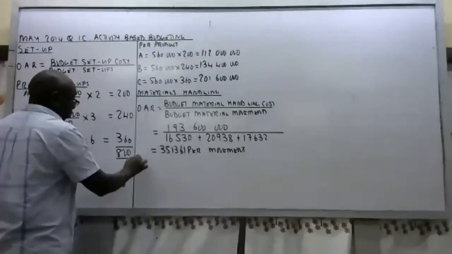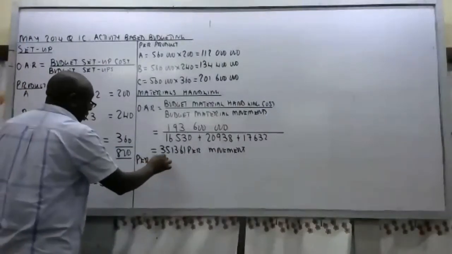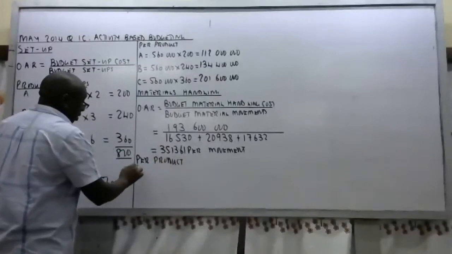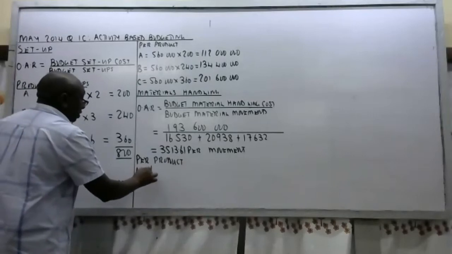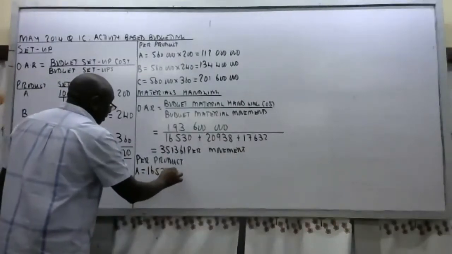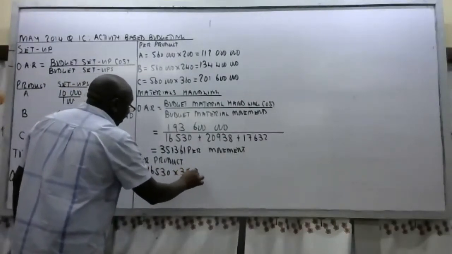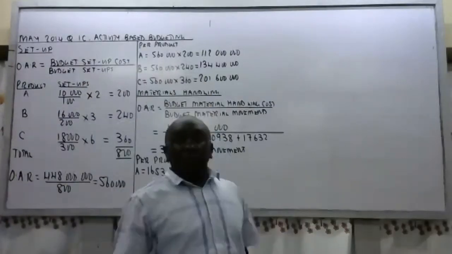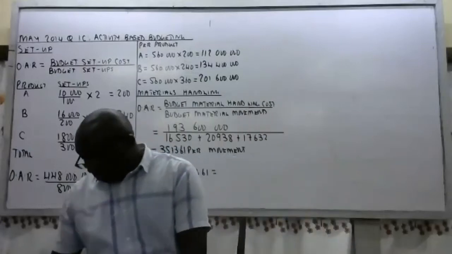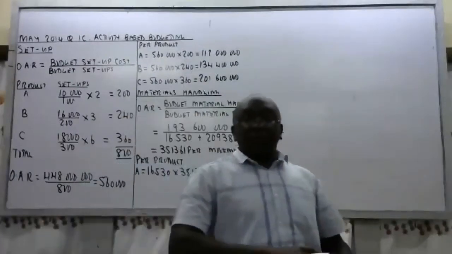So with that now, we get per product. Product A then should get 16,530 times 3,513.61. Churchill, have you confirmed?